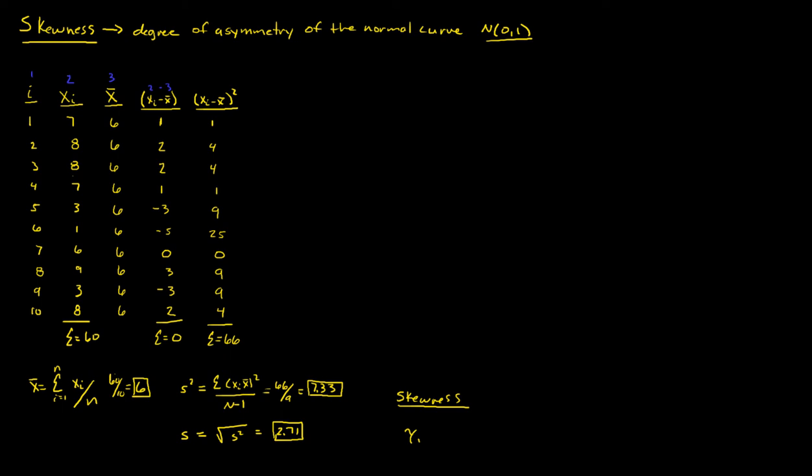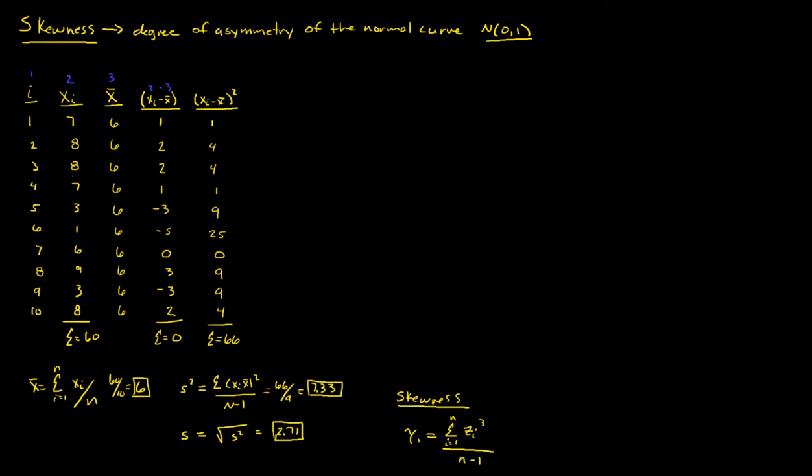So it's called gamma 1, and it equals the sum from i equals 1 through n of the z sub i cubed scores divided by n minus 1.